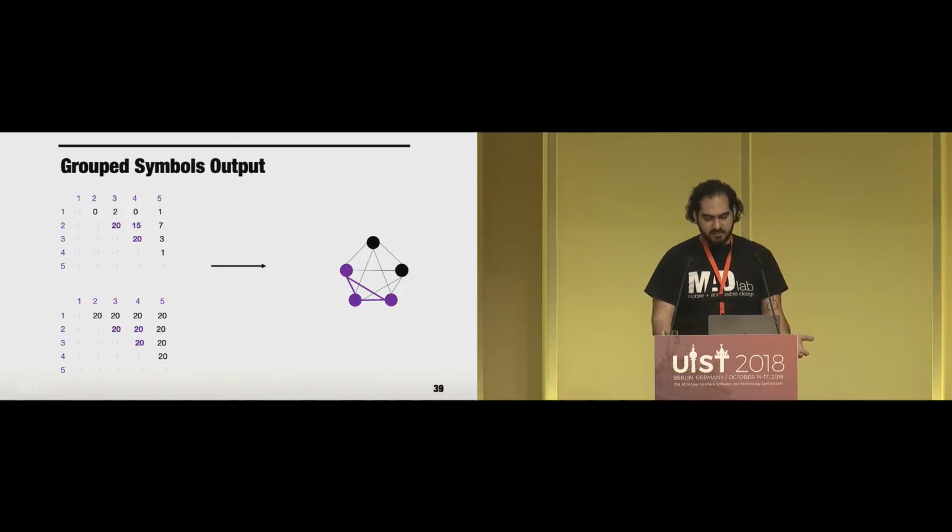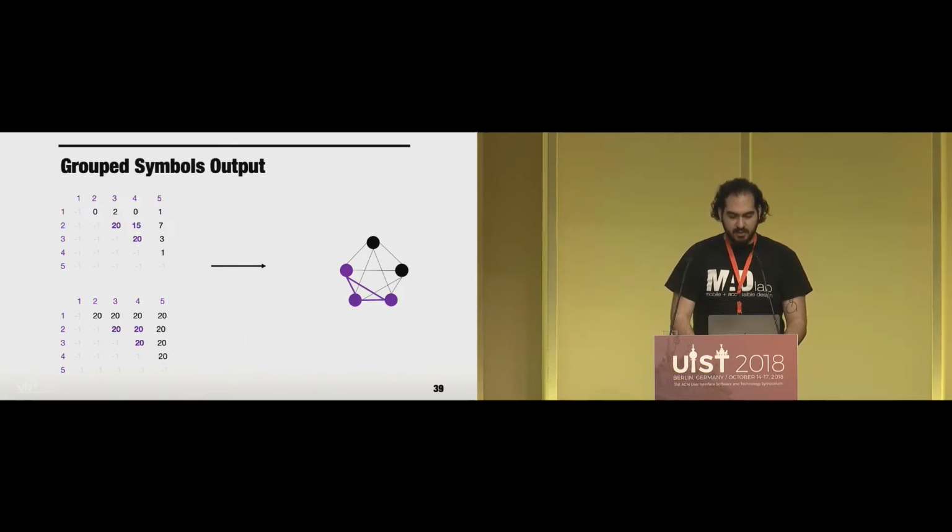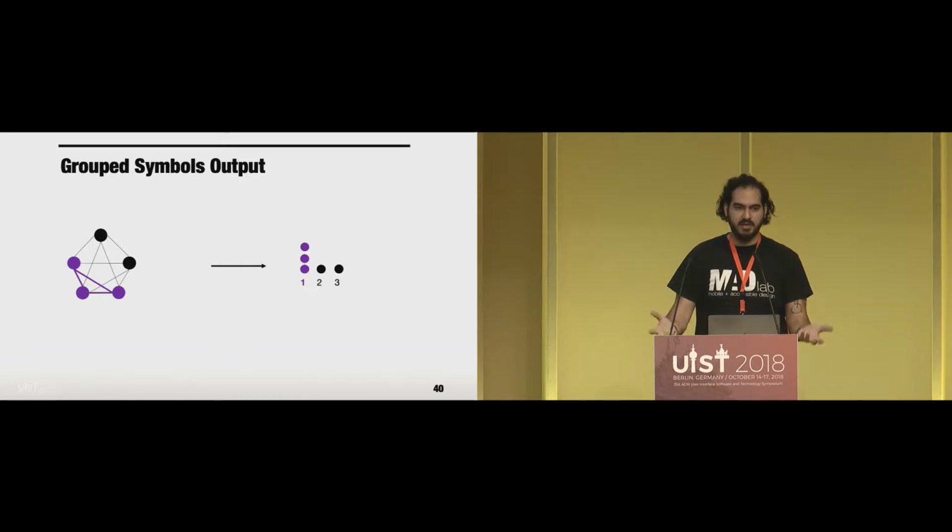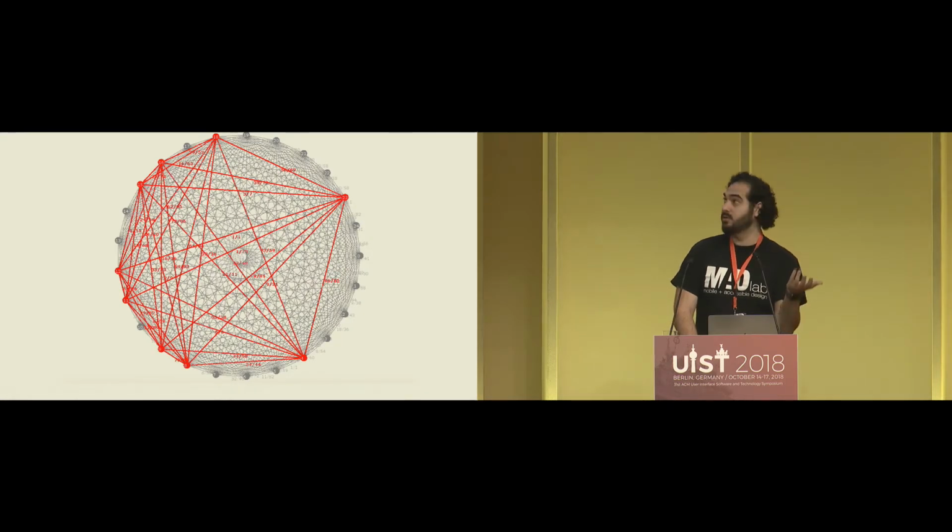In the end, we end up with something that looks like this, where the similar symbols are all connected together, and in other words, we get a group of similar symbols. Of course, this is an example of only 5 symbols. In the real world, your result would look something like this, and these connected red nodes are similar symbols, where typically a researcher would have to do this manually to get this result.